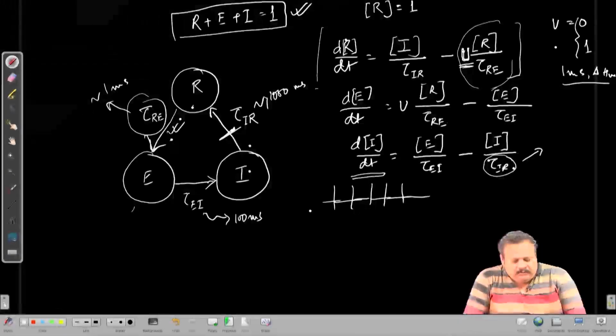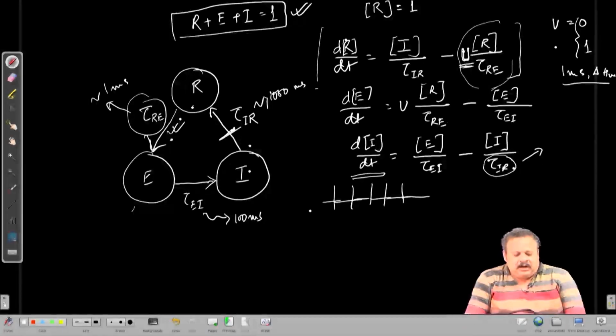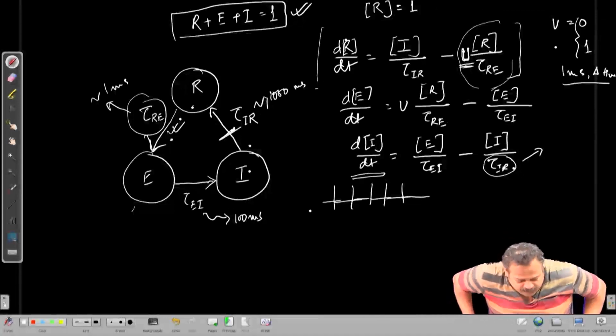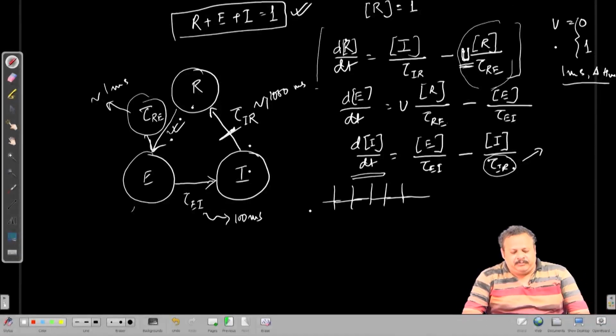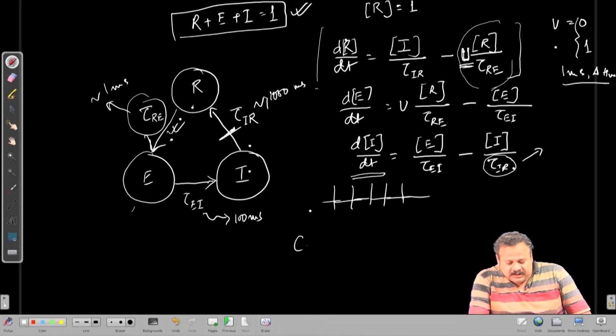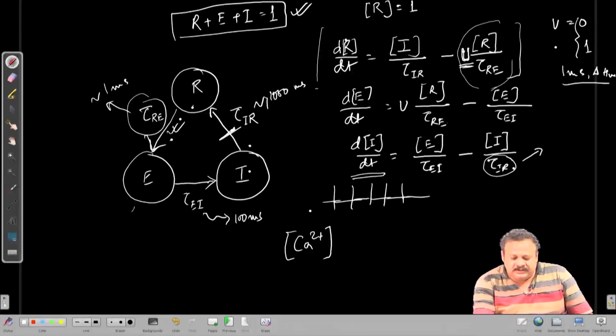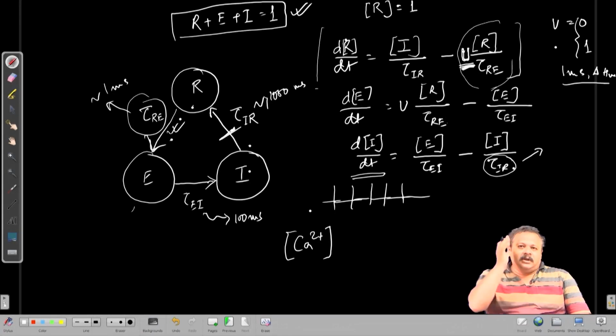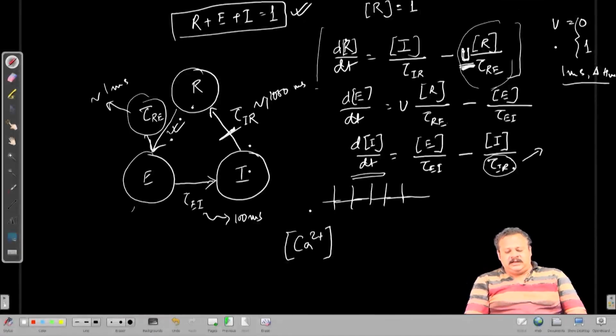Now, this is only a simple model. There are many other parts of this short term depression, and that has to do with the calcium that is coming in. If you recall, for this u becoming 1, it is based on the calcium coming in due to the spiking.